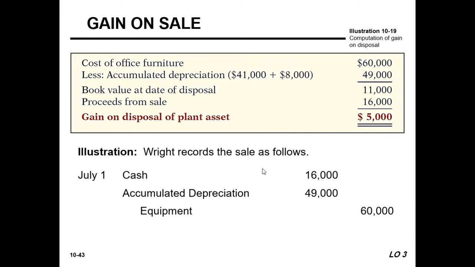So the balancing item will be gain. Remember, gain is just like profit. Gain increases the owner's equity, the owner's capital. And increase is always credit. If it was a loss, it should be on the debit side, like the previous question we saw.